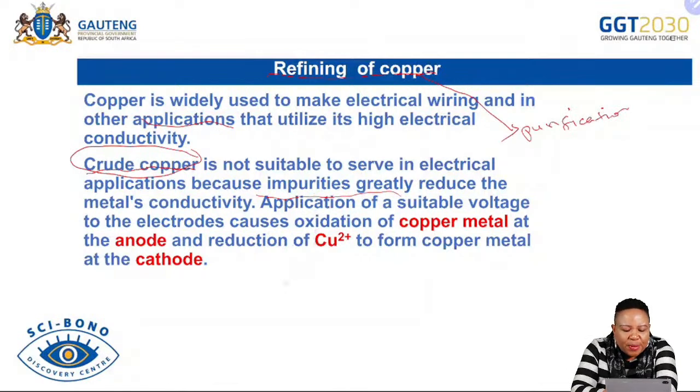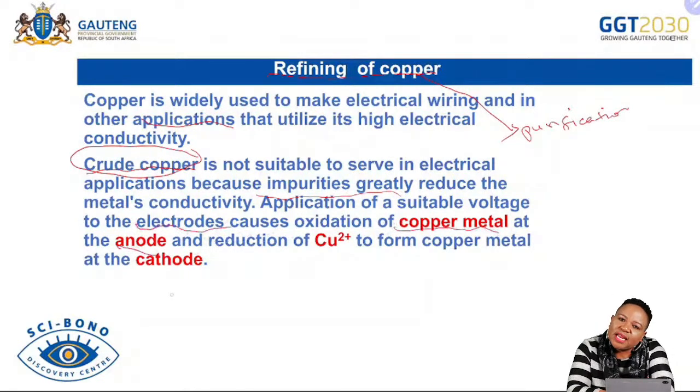So we'll also expect to have our electrodes. We'll expect to have our impure copper, which is going to be our anode, and we also expect the reduction side where we are going to form our pure copper.